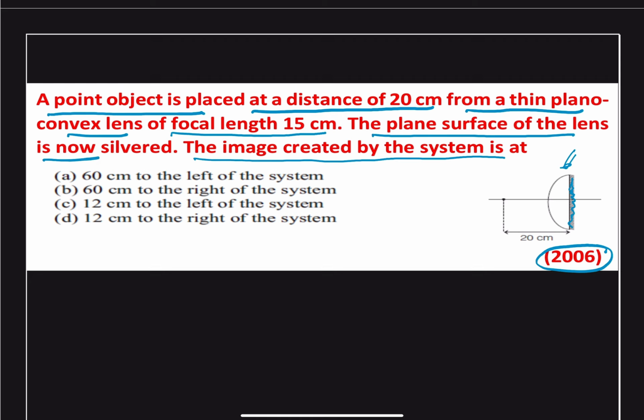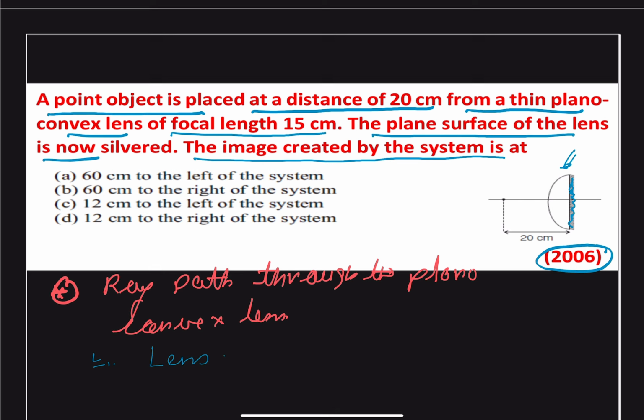So we can say the ray path through the system, through the plano convex lens, will start from the lens, and then the ray is going to go to the plane mirror, there will be a reflection from the plane mirror, and then again it comes back to the lens.